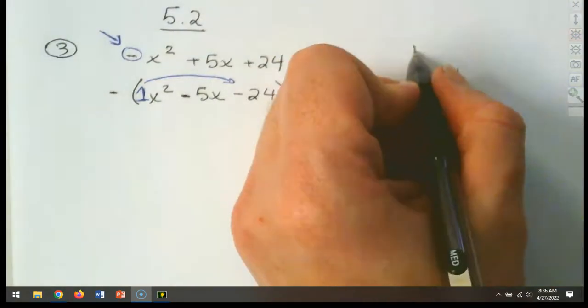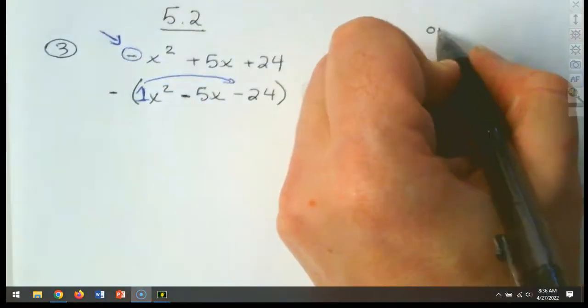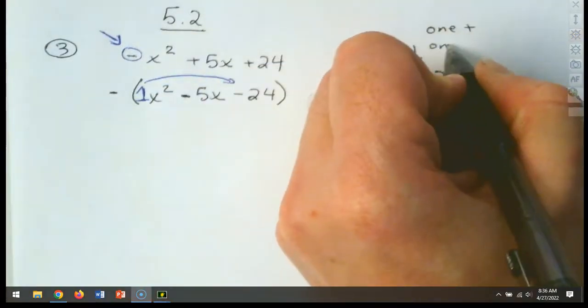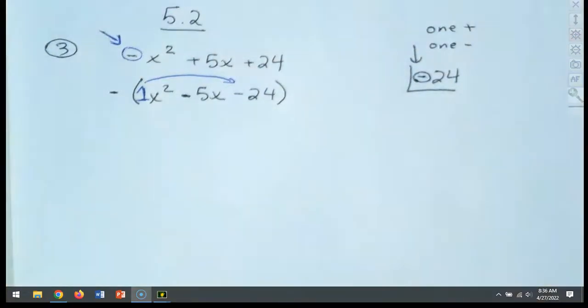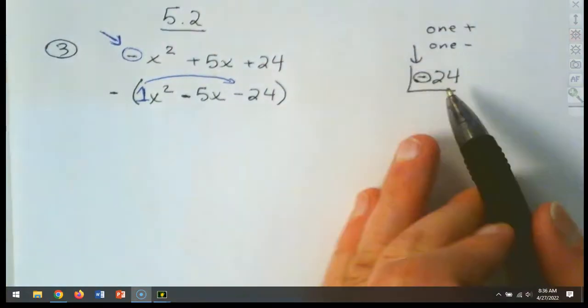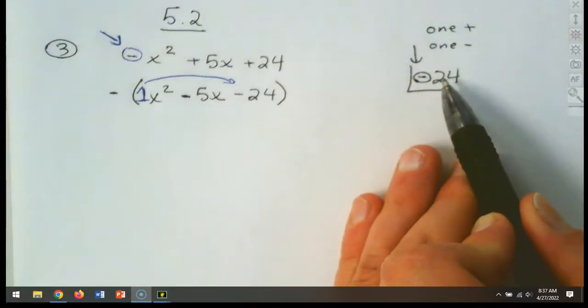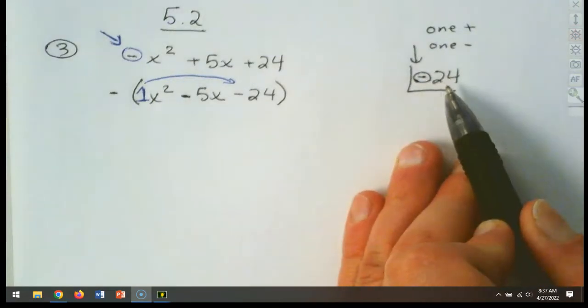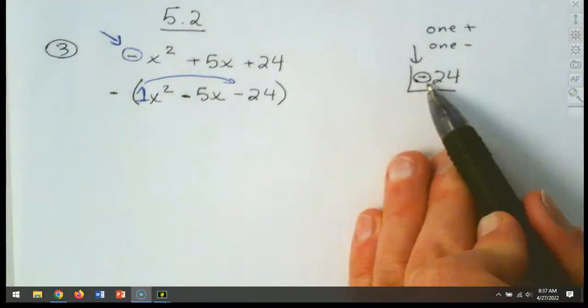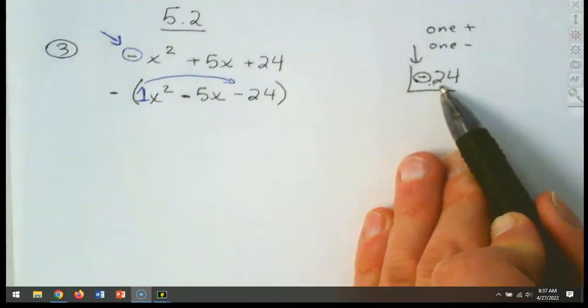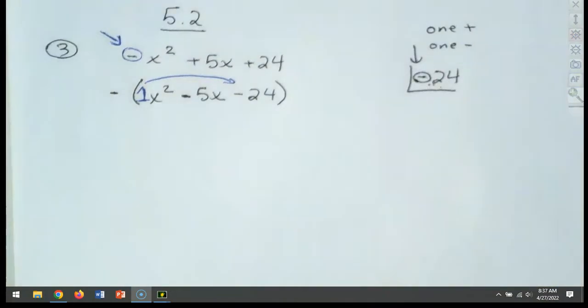So, what does that tell you? That tells you then that 1 is positive, 1 is negative. Why? Because how can you get 2 numbers to multiply together to give you a negative? One of them has to be positive, one of them has to be negative. So this number in this box is negative. 1 is positive, 1 is negative.